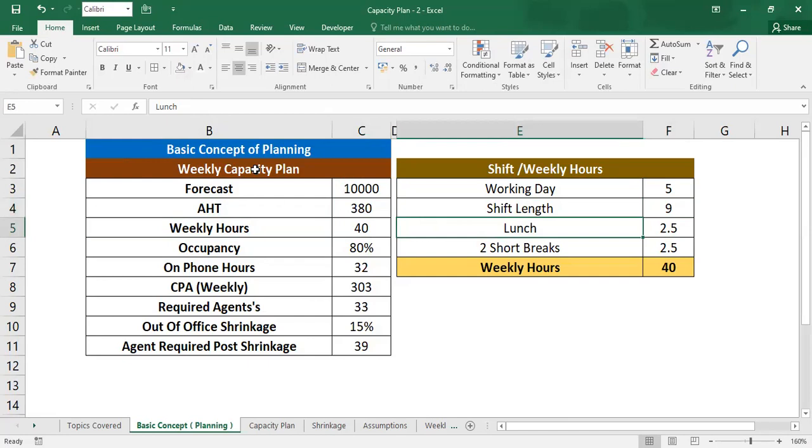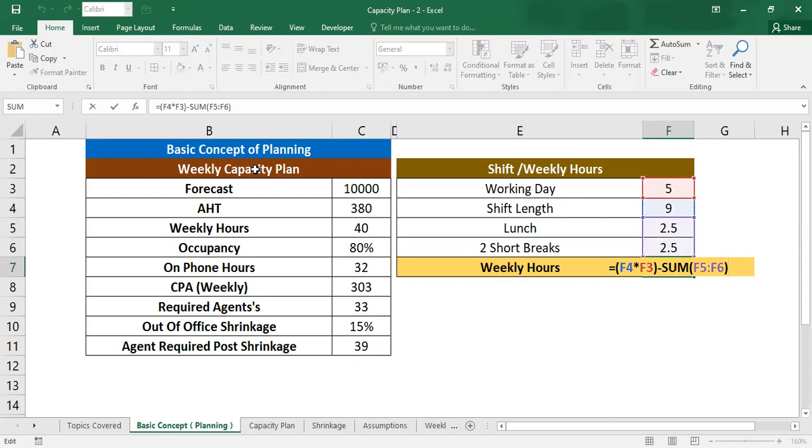Considering a 30 minute lunch in a day, the total lunch hours in a week is 2.5 hours. And considering 2 short breaks, we have 2.5 hours in a week. So I multiplied the number of working days by the shift length, and then subtracted the lunch and breaks. This is how I got the total weekly hours.